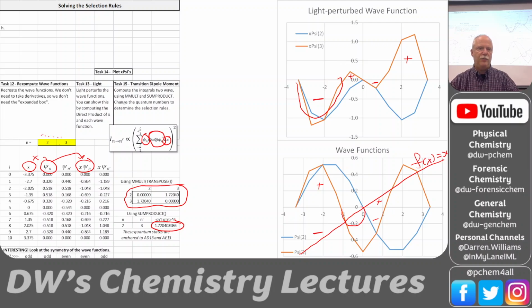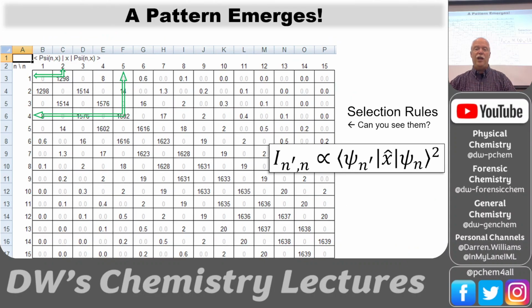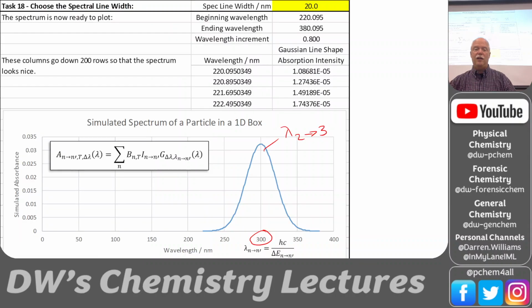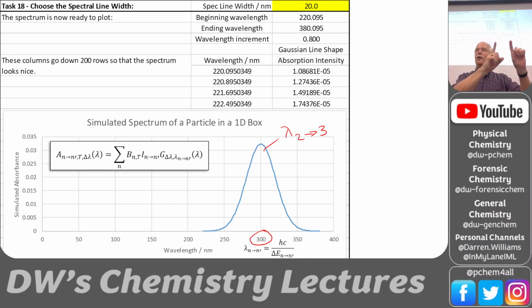So in this spreadsheet, when you're solving for the selection rules, this 2 and 3 right here are the two wave functions that you're modeling that you're going to then plot the spectral transition for. So if you want to know where the 3 to 4 peak shows up, come over here and change 3 and 4, and then your peak will shift around. Your peak will show up in a different spot at the 3 to 4 transition.